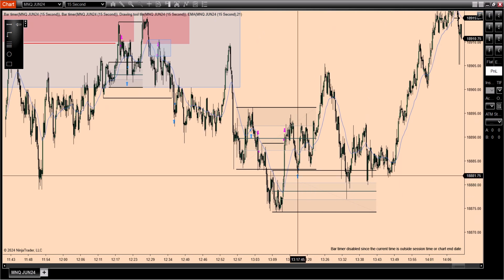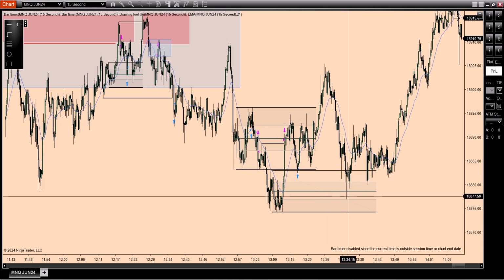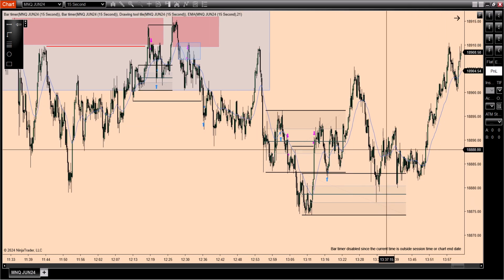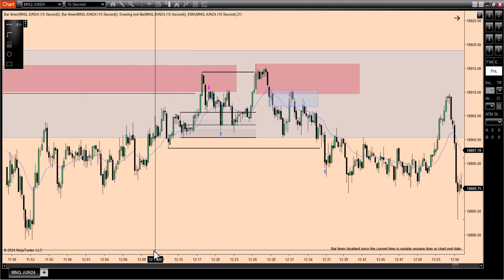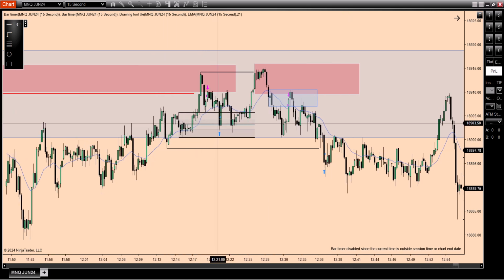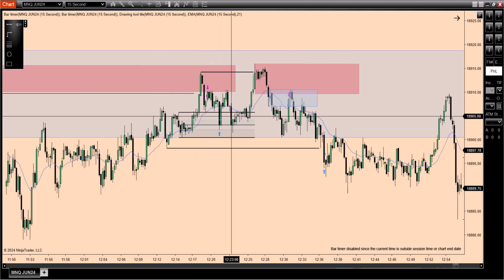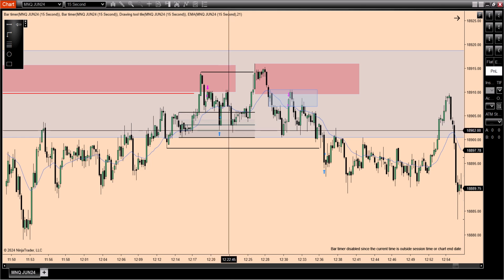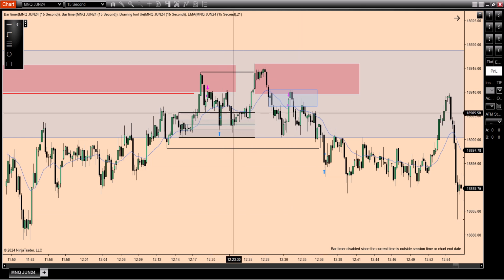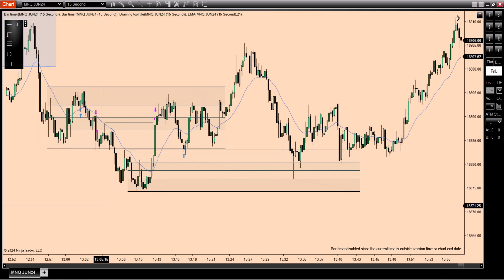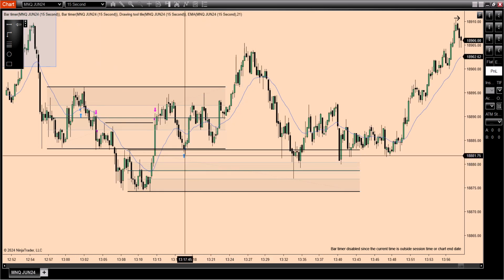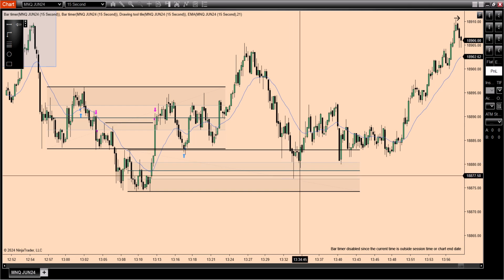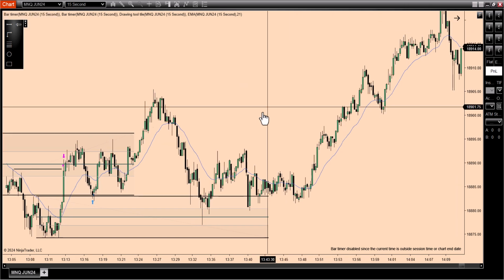We have the first top, and then the liquidation of the second top, and then we traded higher. And here we go. We have the first top, the liquidation of the second top, only a sweep, and then we traded higher. So as you can see, first top, liquidation of the first top, and then we trade higher.